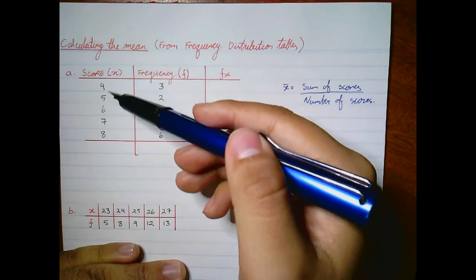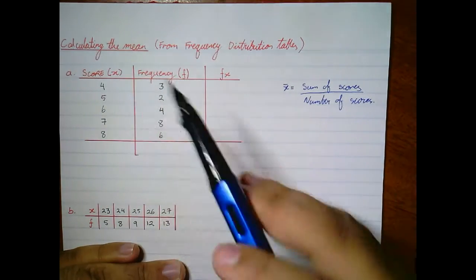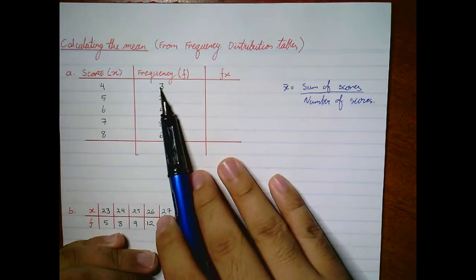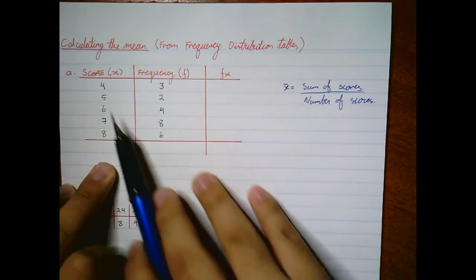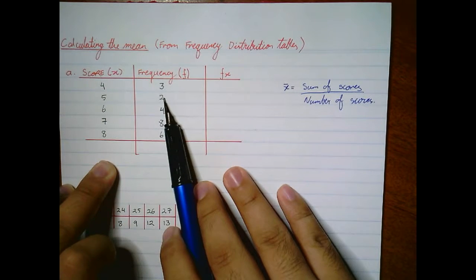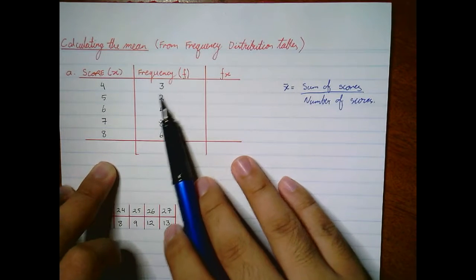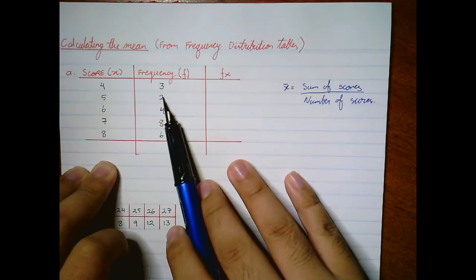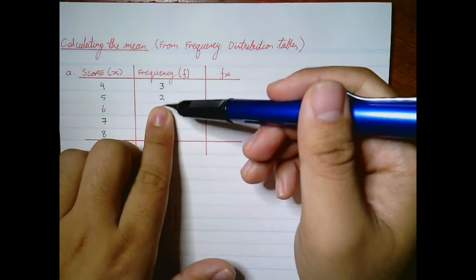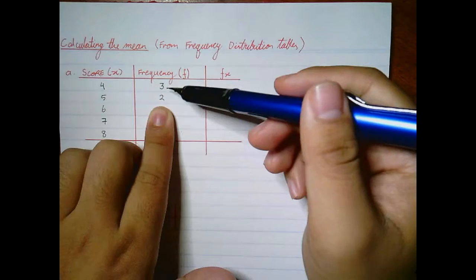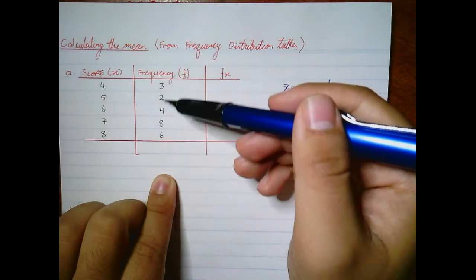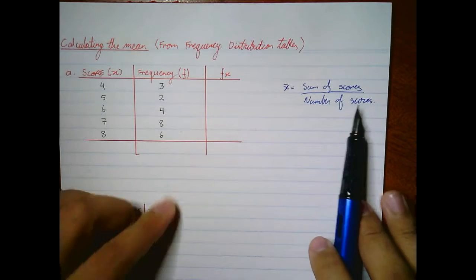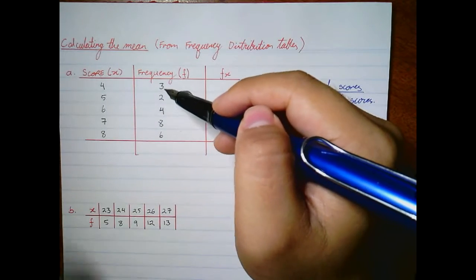If these are indeed the scores, but as we said, 4 happened 3 times, so it would be 1, 2, 3. 5 happens twice. Okay, so that means there's 5 numbers so far, because there's 3 4s and 2 5s. So in summary, if we just add all these up, we get the number of scores. So we'll do that now.